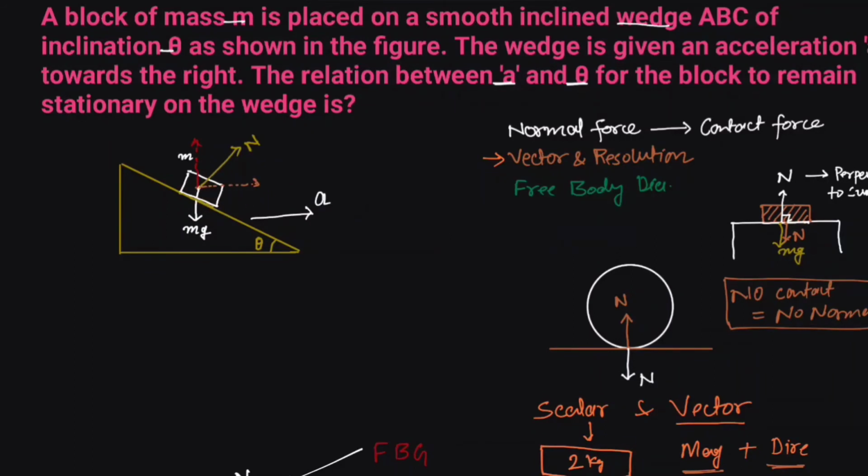And it is given that the entire assembly, the entire system, is moving with an acceleration of a to the right side. The block is not moving with respect to the wedge. It is at the same position on the wedge, but the assembly as a whole is moving to the right. It means the block is moving to the right with an acceleration of a.